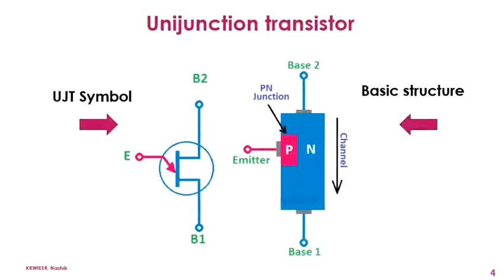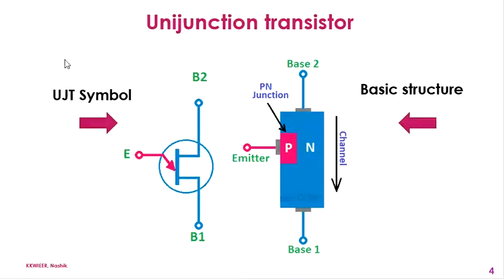So the basic structure of UJT is shown over here. This is a UJT symbol and this is a basic structure. It has three terminals B1, B2 and E. The basic structure of UJT consists of a lightly doped N-type silicon bar provided with the ohmic contacts at the end.